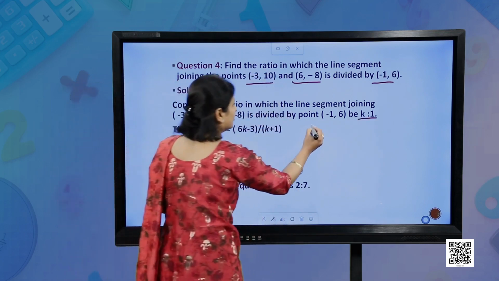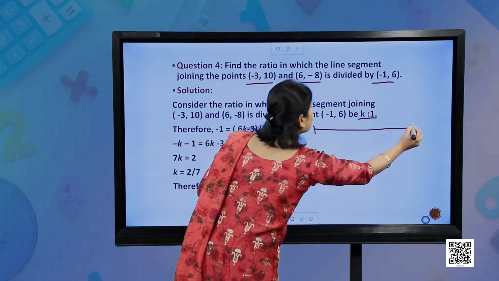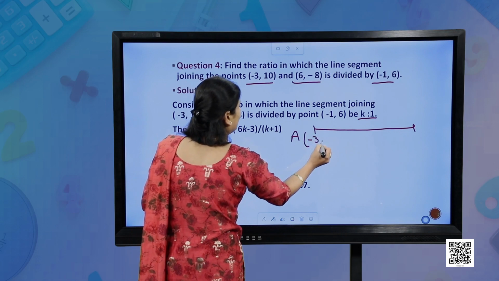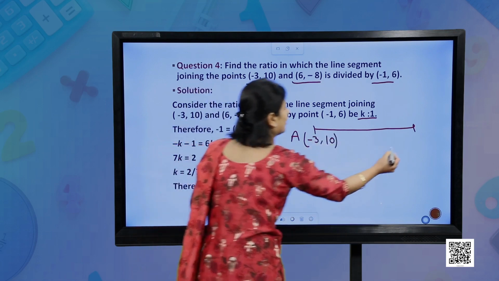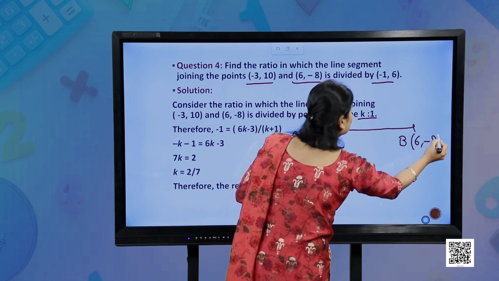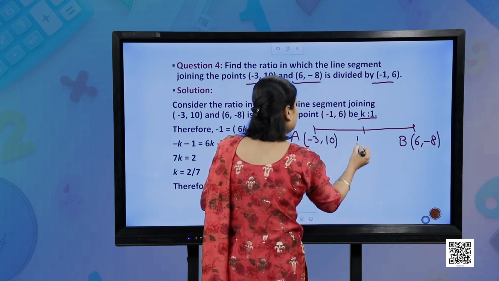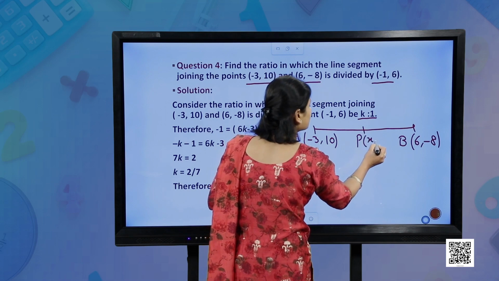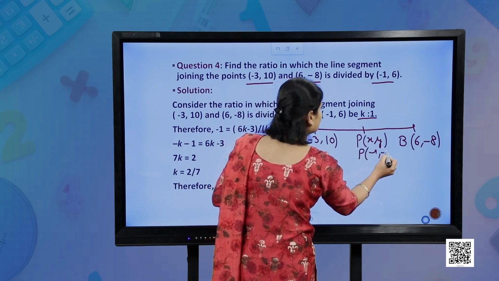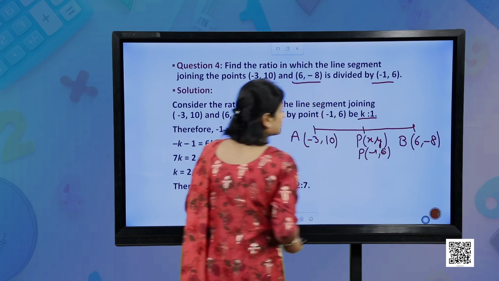So, we have 2 points given as A -3, 10 and B as 6, -8, and the point x, y is given as -1, 6.